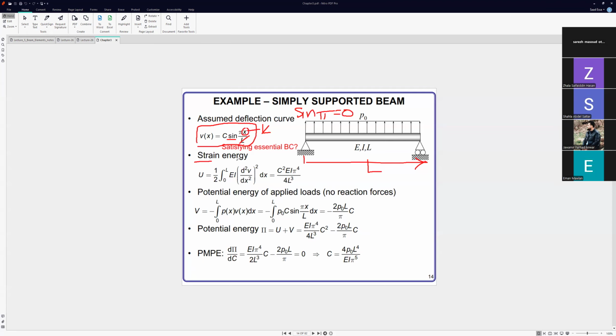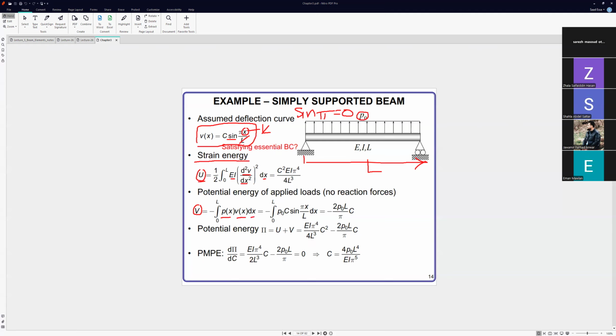So now we have the strain energy. U is equal to half the integration 0 to L of EI (d squared v over dx squared) all squared dx. This is U. And we have the potential energy of applied loads. We just have the distributed load, so we have minus the integration 0 to L of P of x, v of x dx.